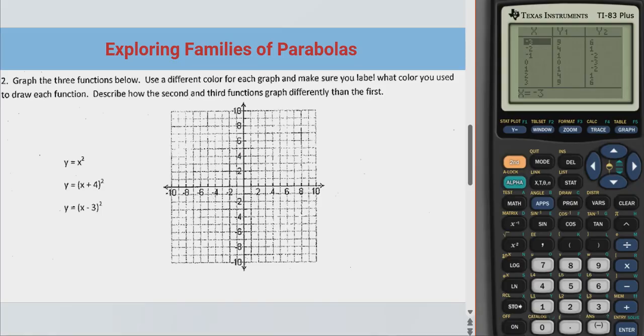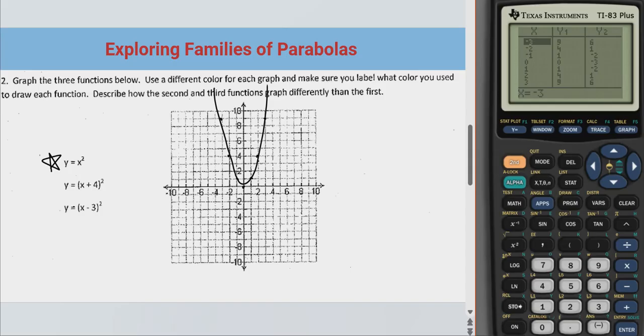So looking here, we still have that original x squared graph, and I'm going to go ahead and graph that one again in black. Right, starts here at the vertex. Looks kind of like this.